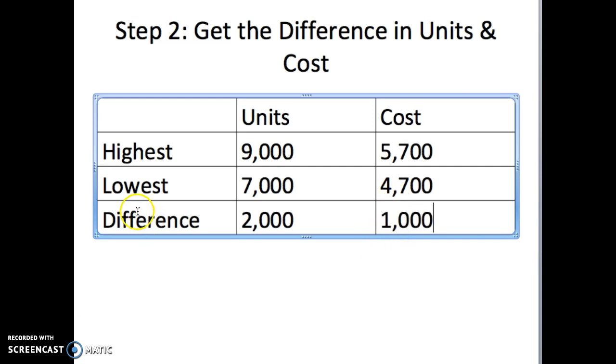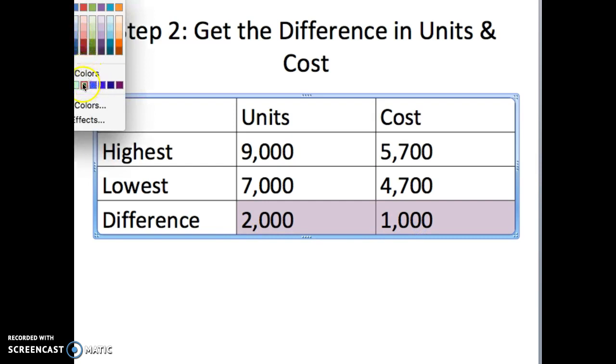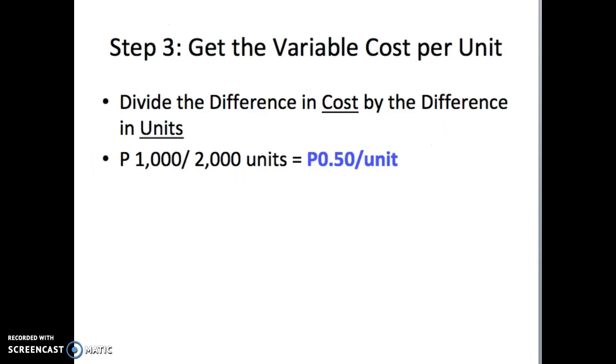We have to take note of these two values because they will be relevant in the next step. In the next step, we divide the difference in cost by the difference in the number of units.